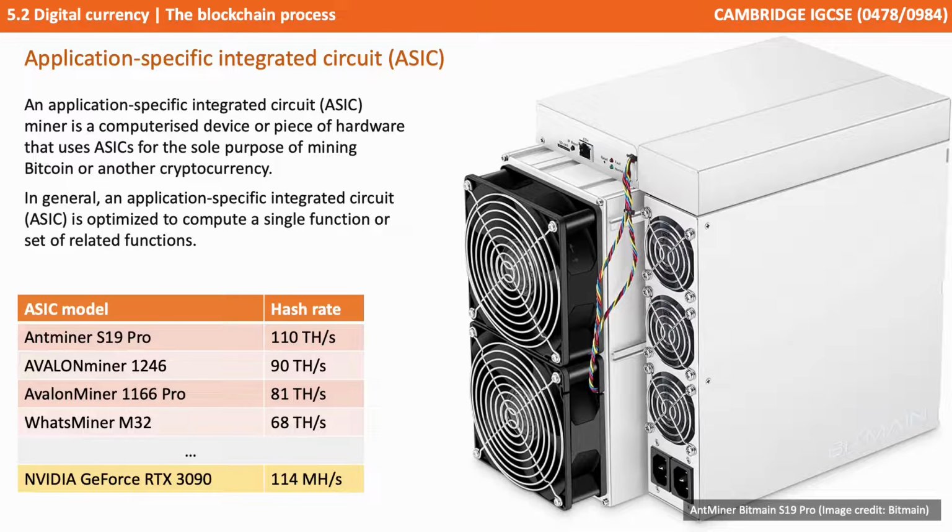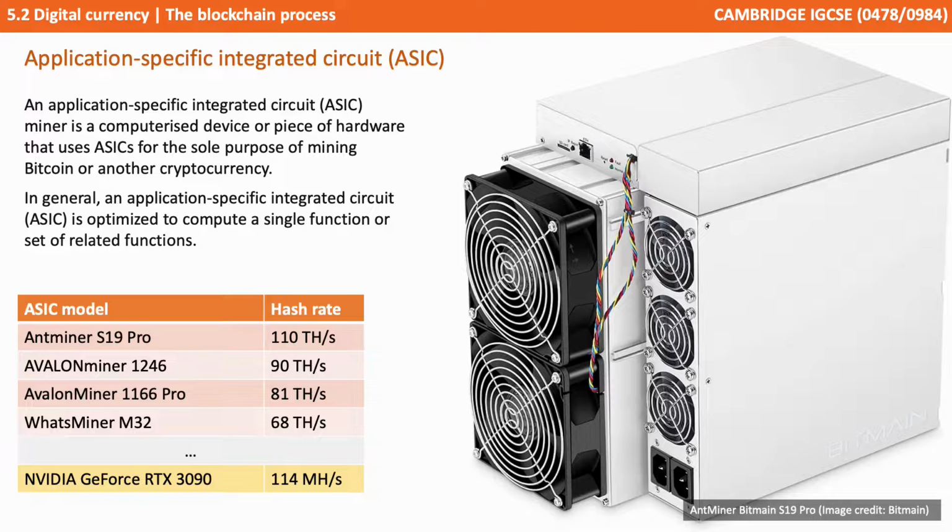An application-specific integrated circuit, or an ASIC, is a computerized device or piece of hardware that uses application-specific integrated circuitry for the sole purpose of mining Bitcoin or another cryptocurrency. In general, an ASIC is optimized to compute just a single function or set of related functions and do nothing else.